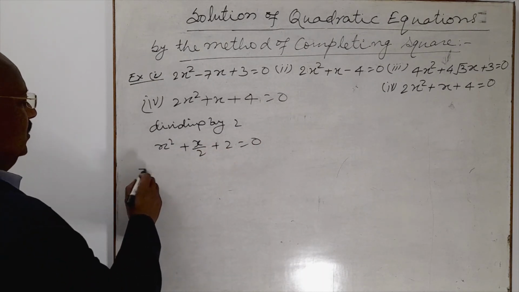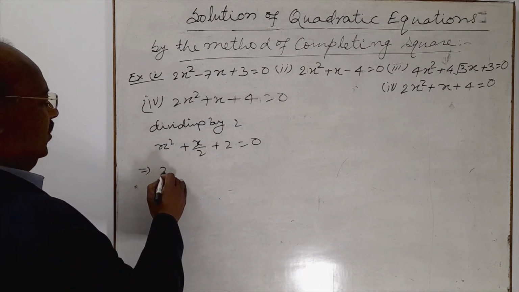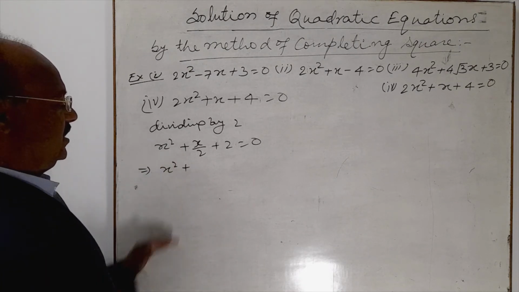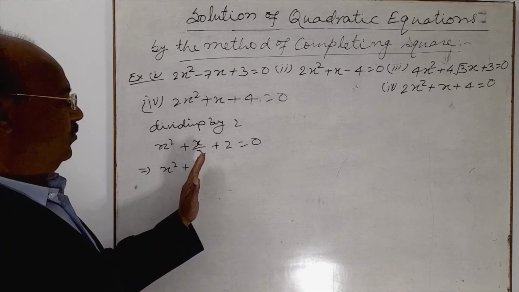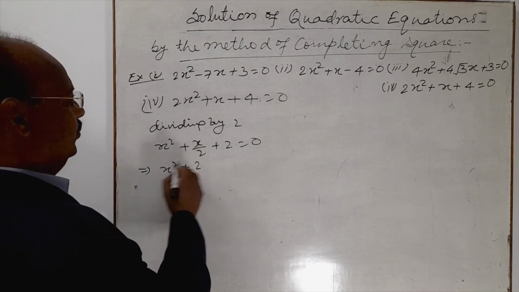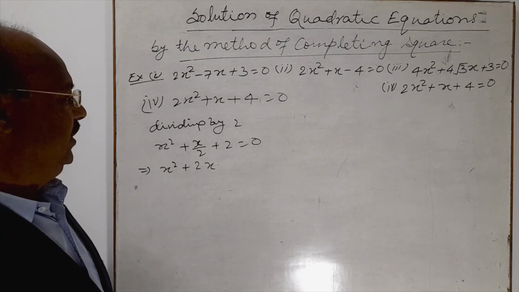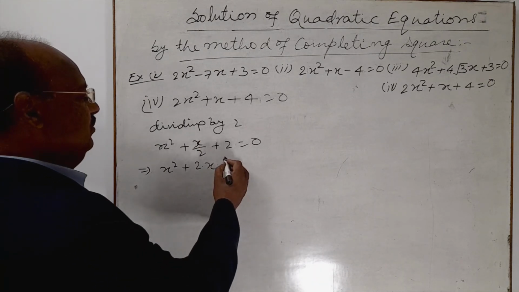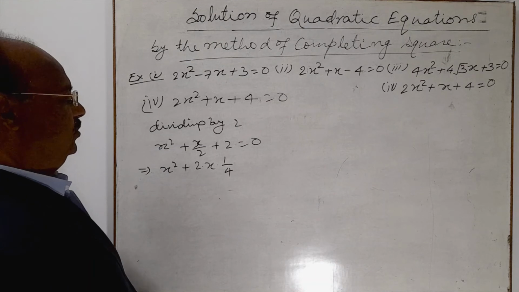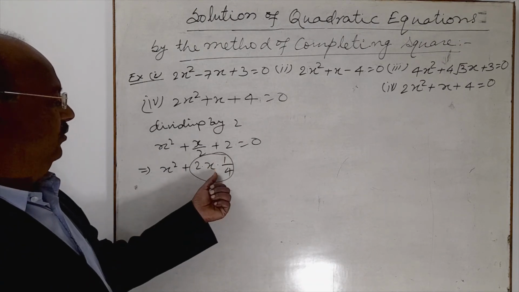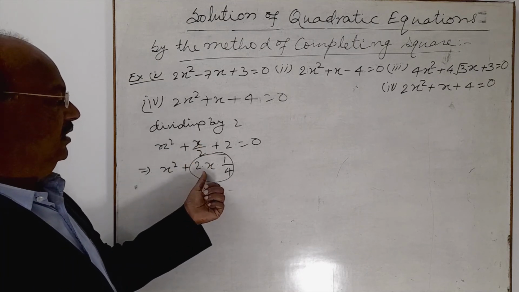So of course this is x square, no problem. In place of a square, this is x square, plus I will try to write in the form of 2ab. So 2x, what will be the value of b here? Value of b will be here 1 by 4.